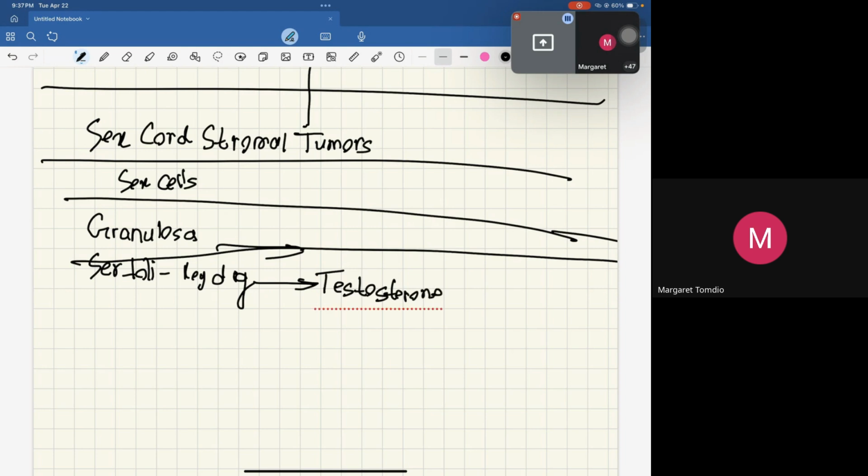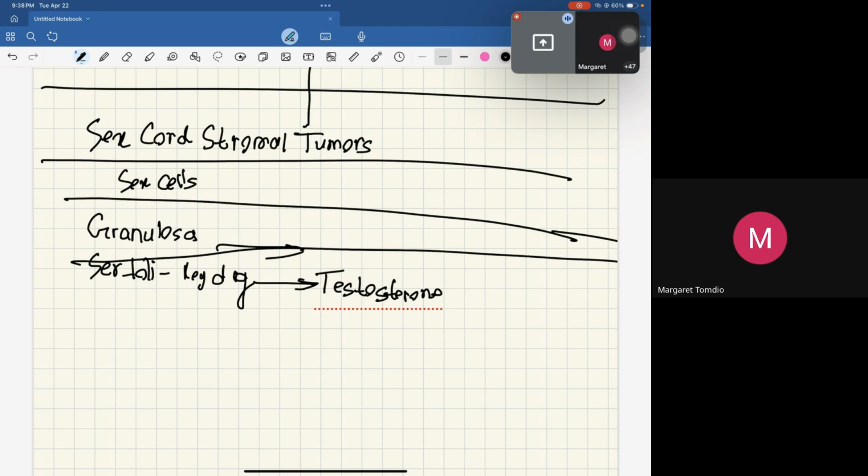So if they give you a female of 25 to 30 years who has rapid hirsutism, rapid male-like features, like her clitoris enlarging rapidly, or sudden male pattern baldness, or sudden hirsutism, and the patient has an ovarian mass as well, and they ask what kind of tumor this patient has, that tumor will be a Sertoli-Leydig cell tumor.